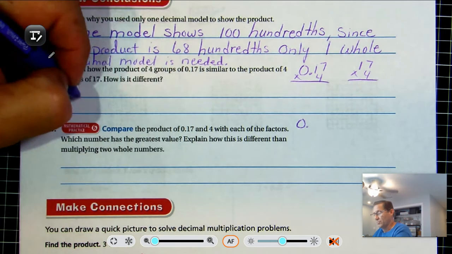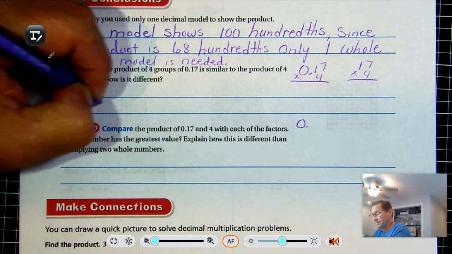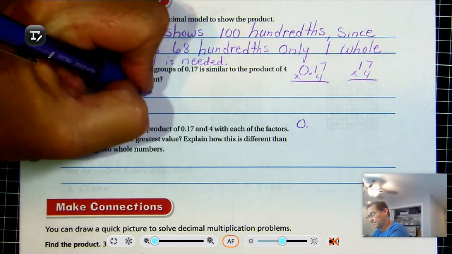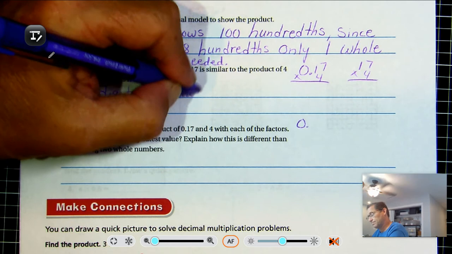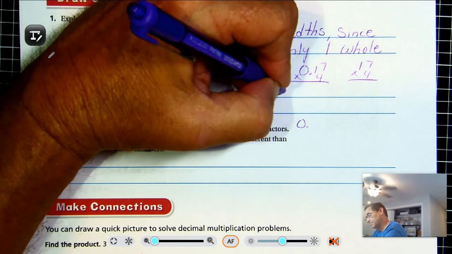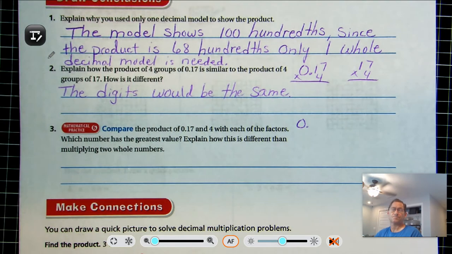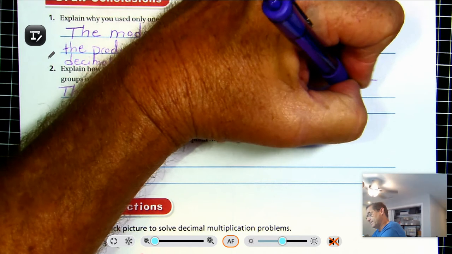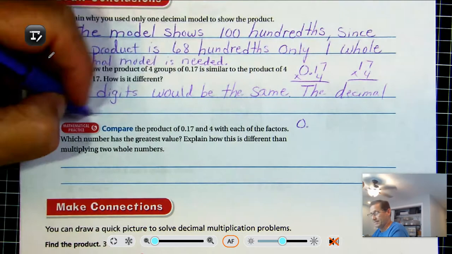Yeah. So, however, the decimal point would be in a different place.